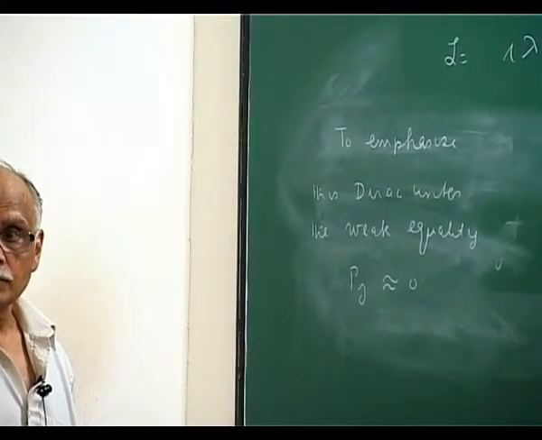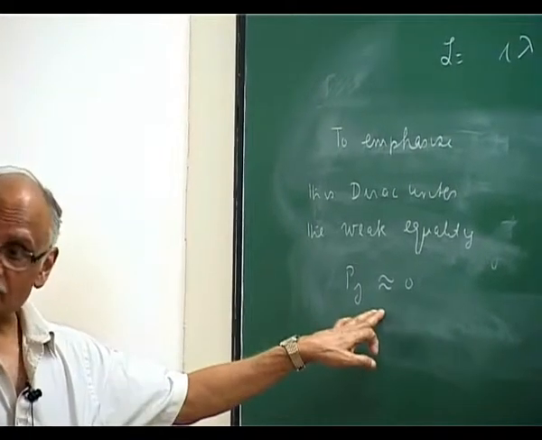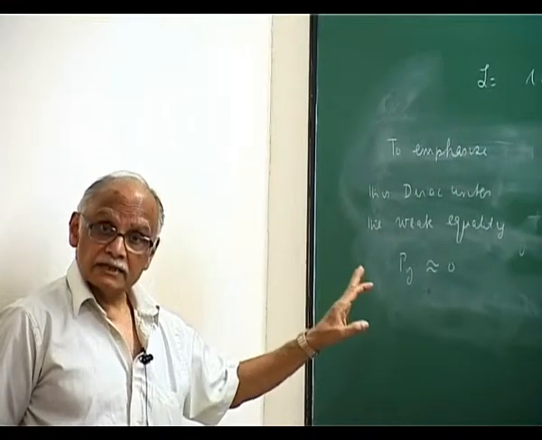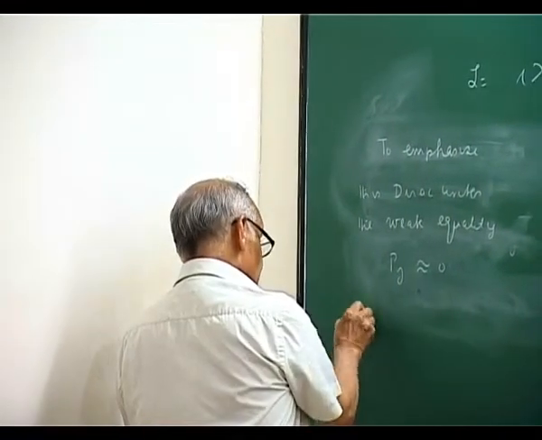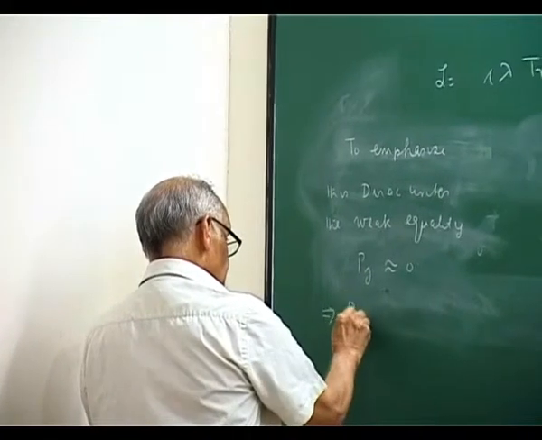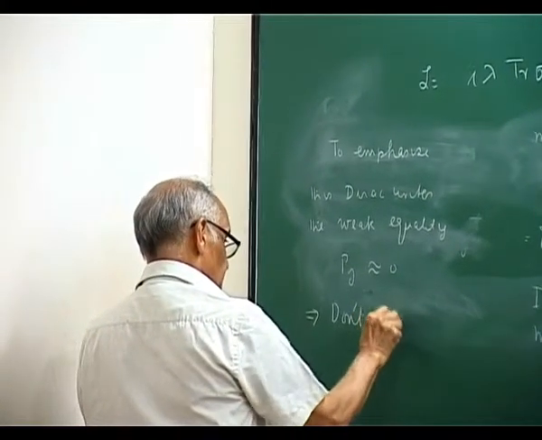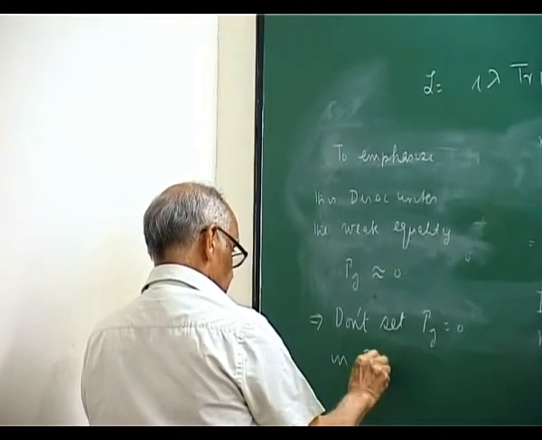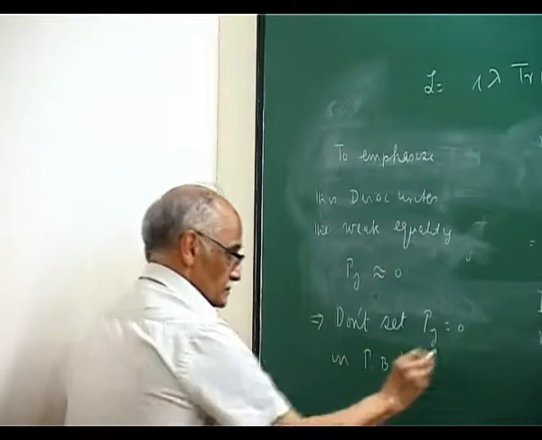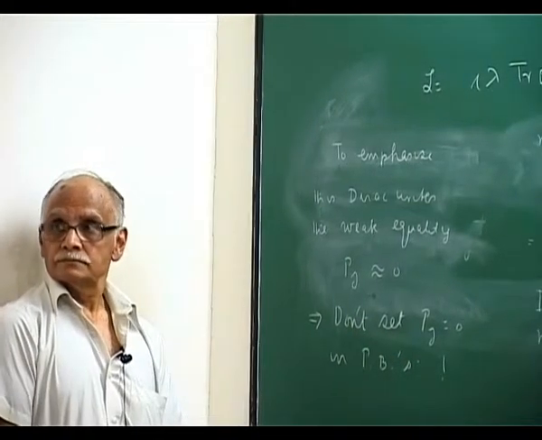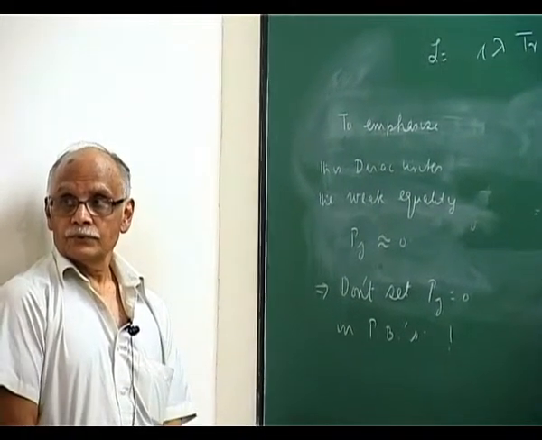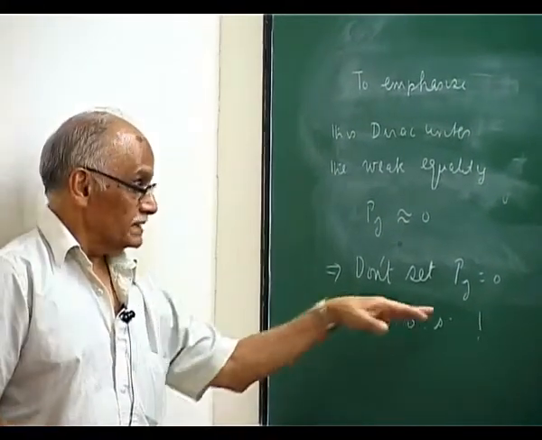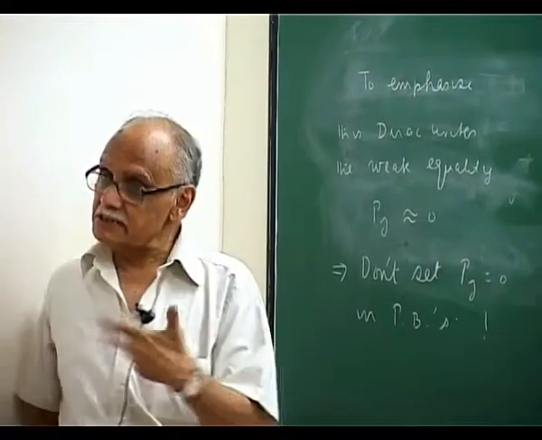For him it is a warning. If you have Poisson brackets, it implies in particular, don't set Pj equal to 0 in Poisson brackets. It's a warning, because there will be some Poisson brackets involving Pj which are not 0.